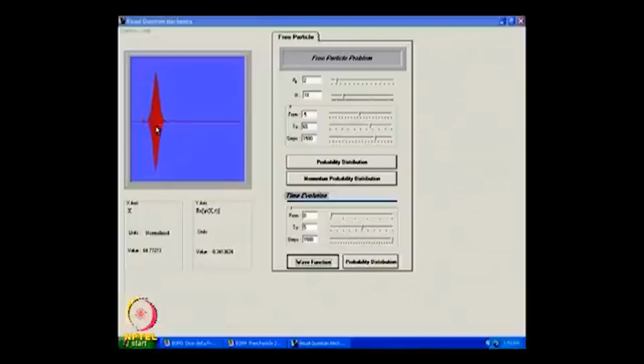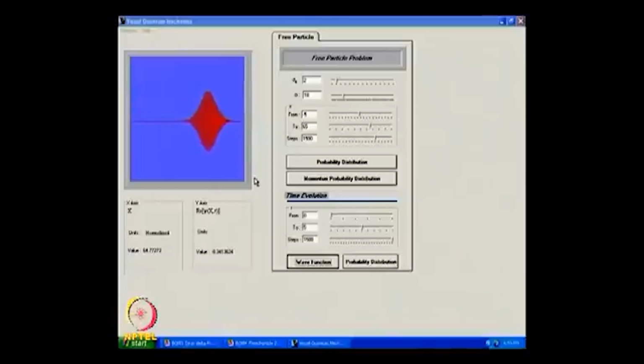I do not know exactly. I can only tell you a probability distribution, and in fact, as this Gaussian wave packet evolves, it spreads, and this is the uncertainty in the localization of the particle.